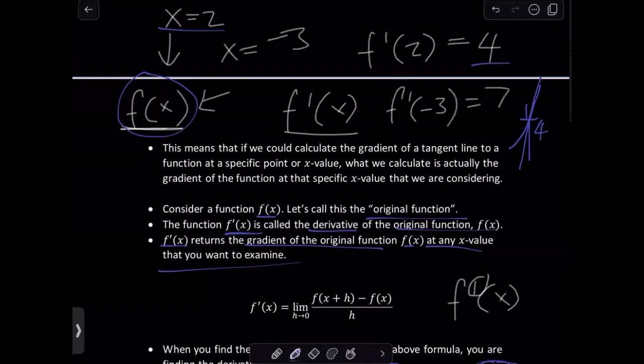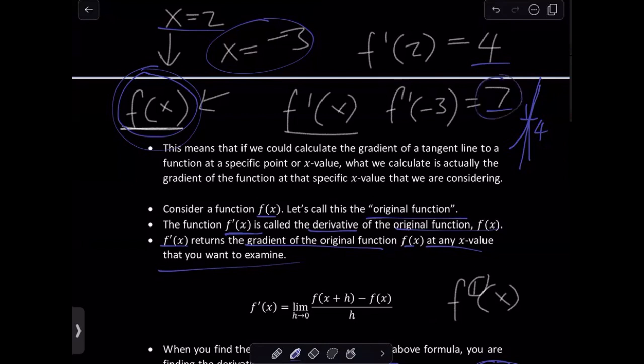That means at x equal to minus 3, the original function will have a gradient of 7, or you can say it has a derivative of 7. When you hear the word derivative, I want you to think about gradient. Technically it has a derivative of 7, but for explanation purposes, I want you to think about gradient because that's what it is at its core.